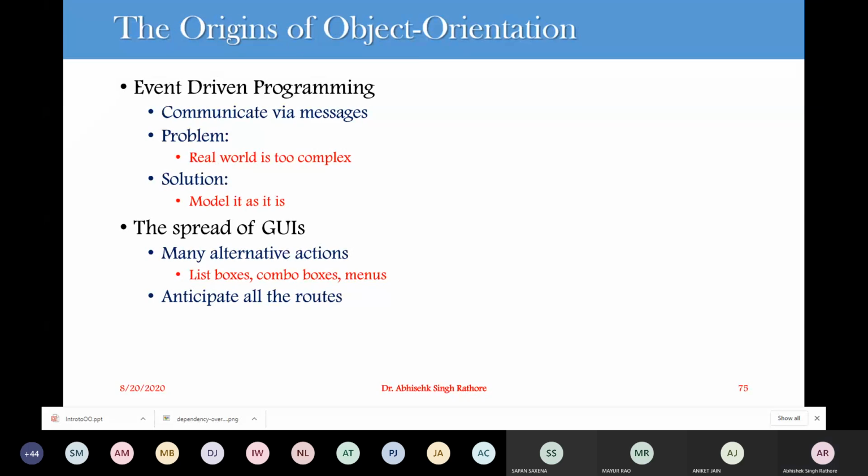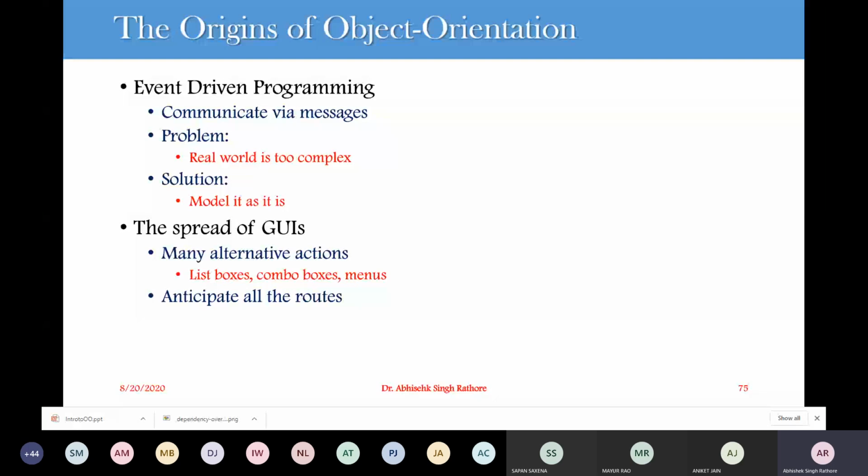Then comes another key point for the origin of object orientation, which is the spread of GUIs. In the early 90s, Microsoft Windows provided a GUI, which led to the rapid growth of GUIs, and this raised a new problem for contemporary development methods like the waterfall model and so on.